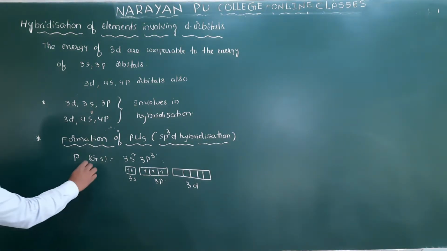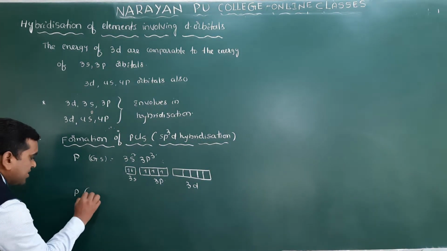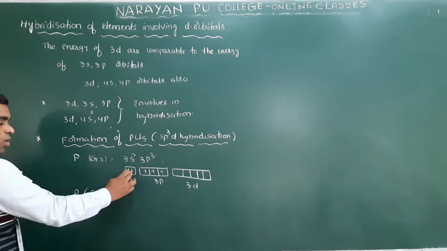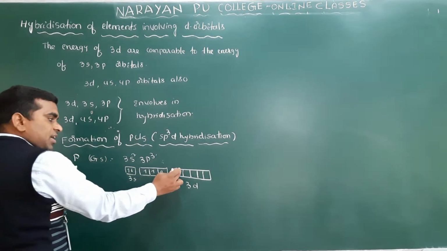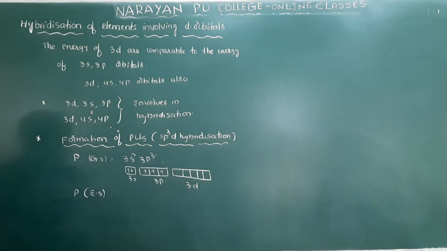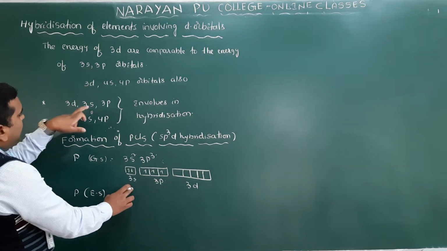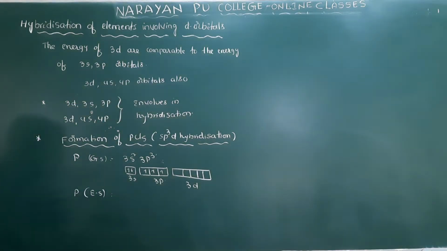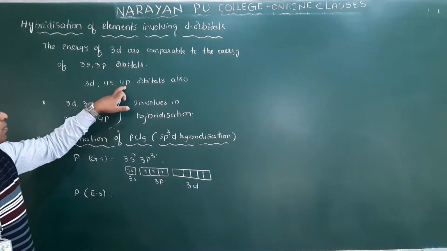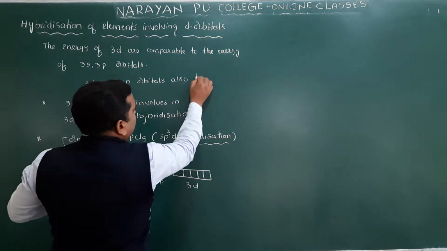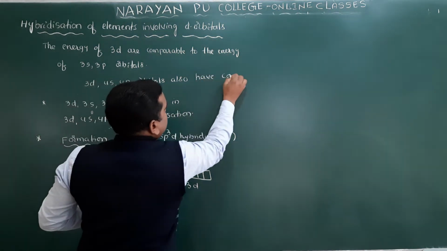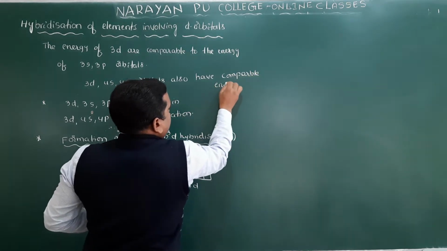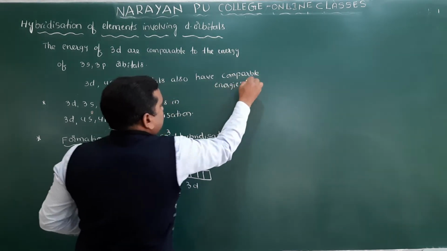Now if I write phosphorus in the excited state electronic configuration, then what will happen? One of these electrons will enter into the 3d. Why do they enter the 3d? I already mentioned, 3d, 3s, 3p orbitals have comparable energies, and 3d, 4s, 4p orbitals also have comparable energies.